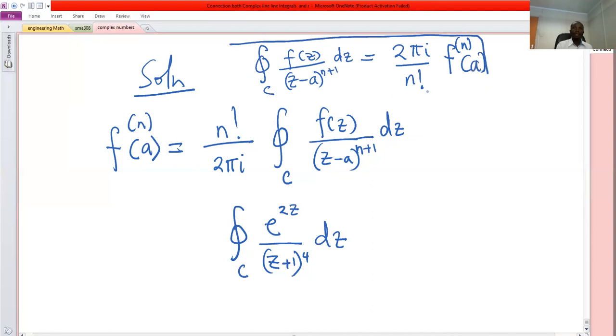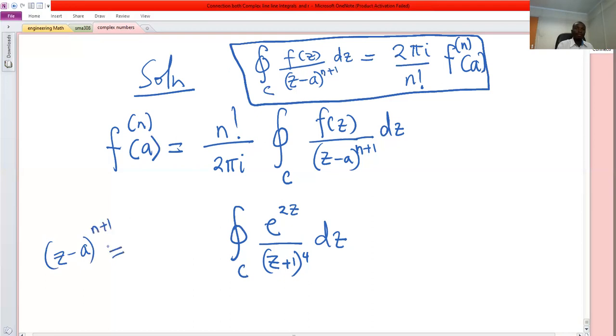So therefore, to evaluate the integral, we simply need to have our value of n and then evaluate the derivative of the function at the point a. So clearly, if we relate this denominator, z minus a to the n plus 1, with z plus 1 to the power 4, then n plus 1 equals to 4, which implies our value of n is 3.